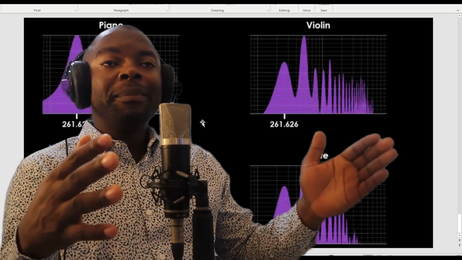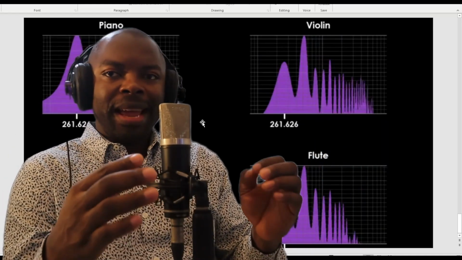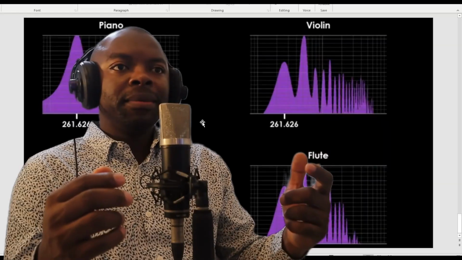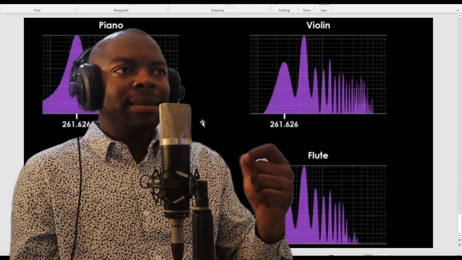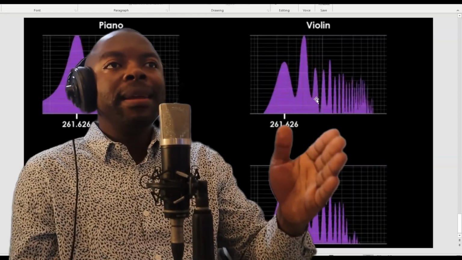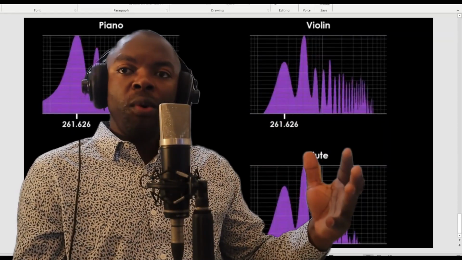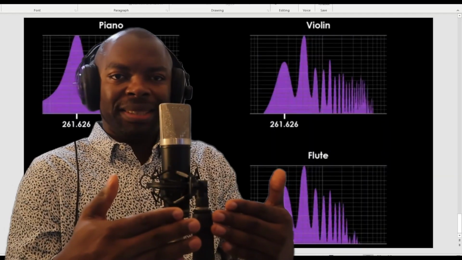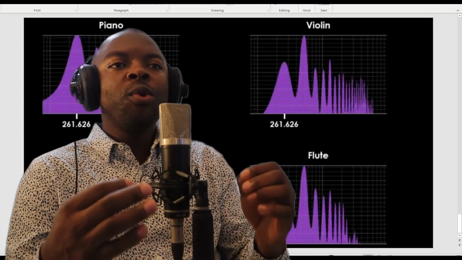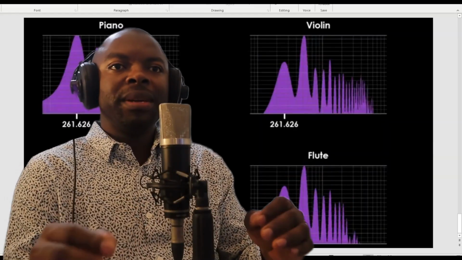So you have to pan them left and right so that you can make space for each and every instrument. And not just that, it helps you to realize that the piano might be a legato formula, while the violin may be a staccato formula, or the trumpet may have a different flow, so that they do not clash. That's the second advantage of knowing where the frequency spectrum of any particular instrument is found.